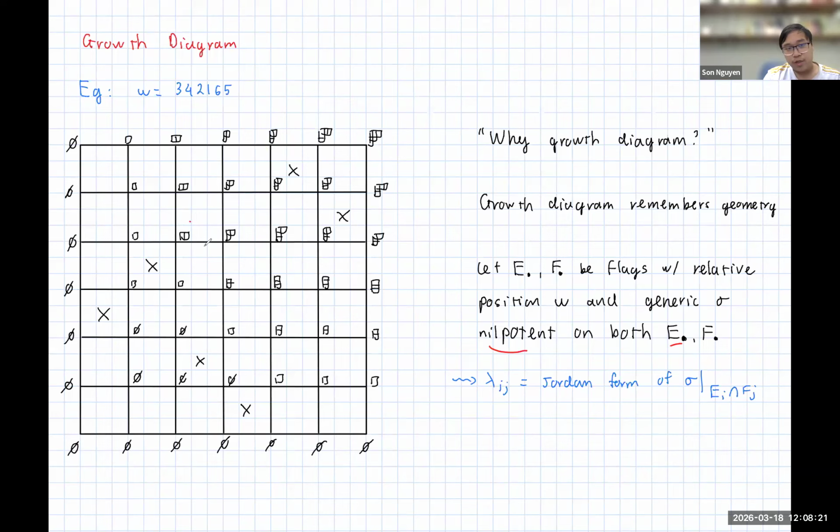And then each thing on the growth diagram will tell me the Jordan form of my operator restricted on some subspaces. So for example, if I'm looking here, this is telling me what the Jordan form of that operator on E3 is. This one is F4, and if you take something in the middle, it's E3 intersect F4. So all of the information about geometry is captured inside this growth diagram.